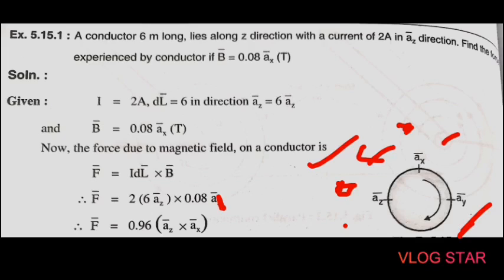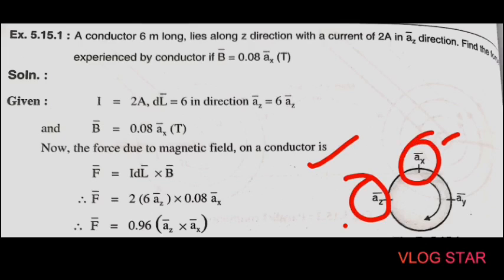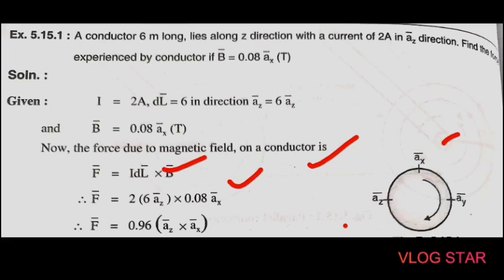Sorry, here no negative sign is there, because we are just going from AZ bar to AX bar, like this. So there is no need to change the direction of this circle. So the cross product of AZ bar cross AX bar is simply the third coordinate, that is plus AY bar.